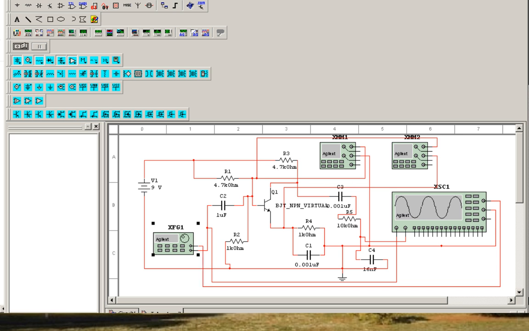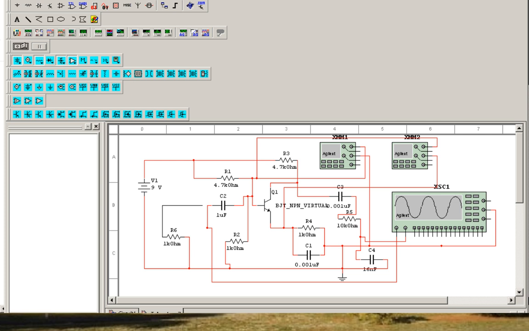What we're gonna do is get rid of this generator. And first we're gonna put in a resistor. And I'll tie that to ground. And I'm going to make this value, well, let's leave it as a 1K for now.